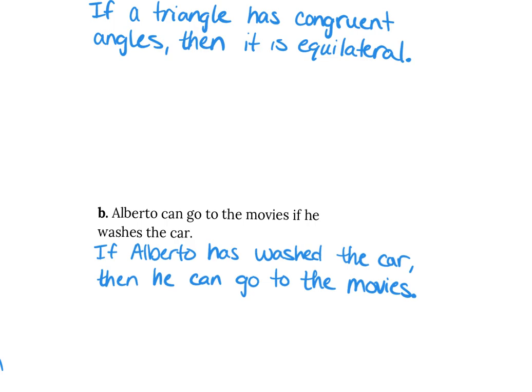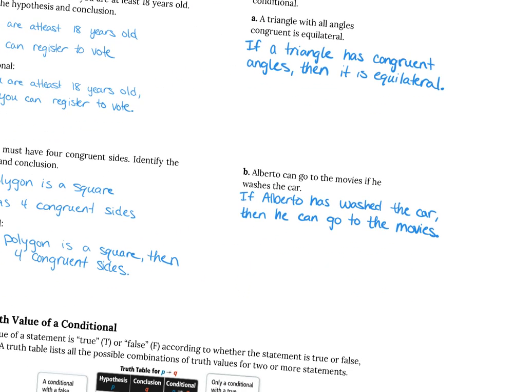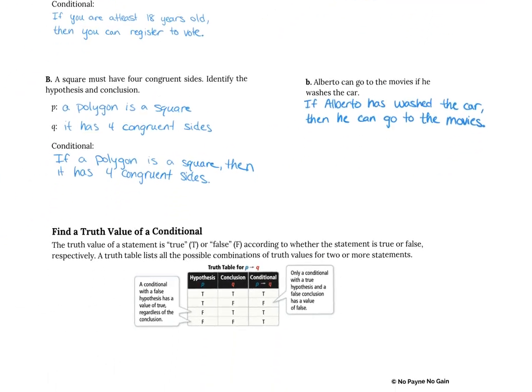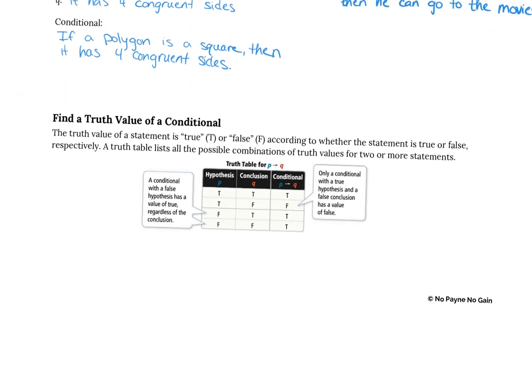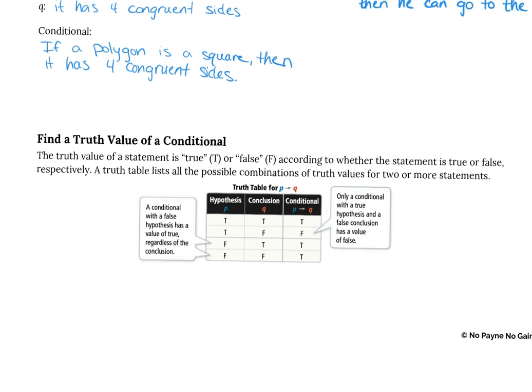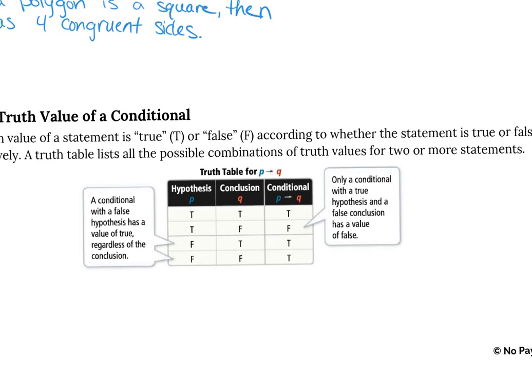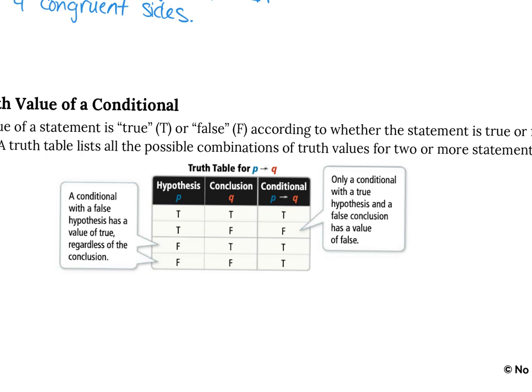All right, next we're going to look at finding truth values of a conditional. Here we have our truth table for our conditional that if P, then Q. Our hypothesis is P, conclusion is Q. If both the hypothesis and the conclusion are true, then our conditional is true.